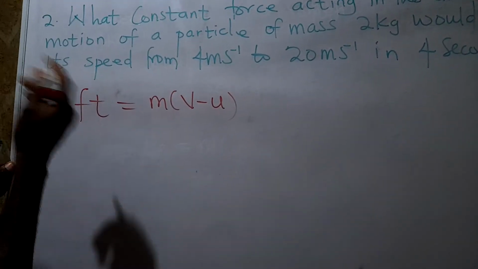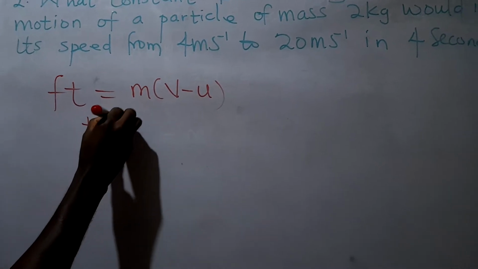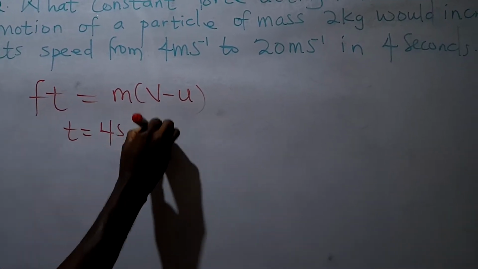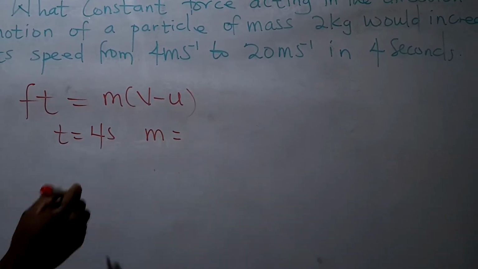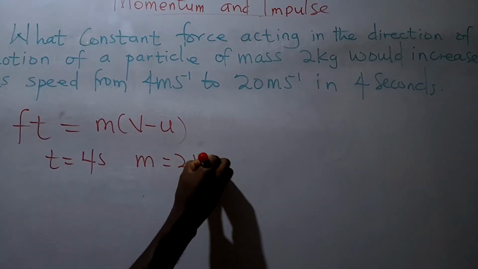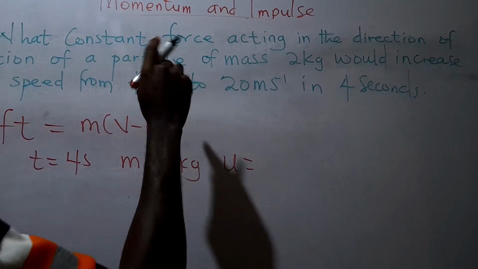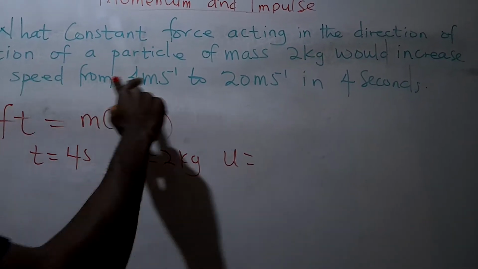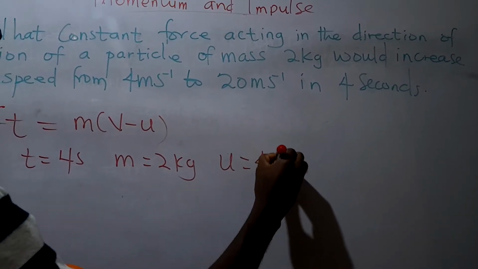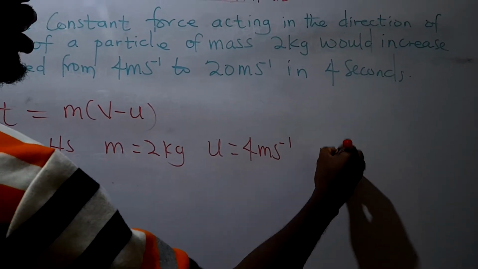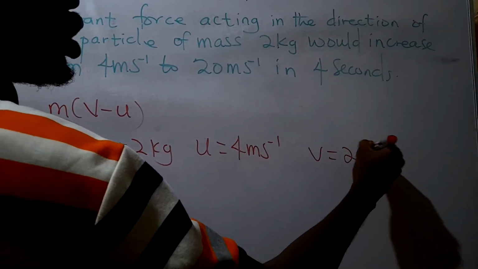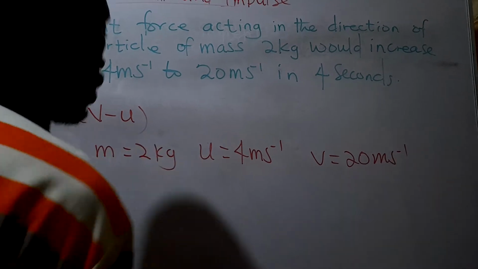The time is given to be 4 seconds. The mass of the particle is 2 kg. The initial velocity was 4 meters per second, and the final velocity v is 20 meters per second.